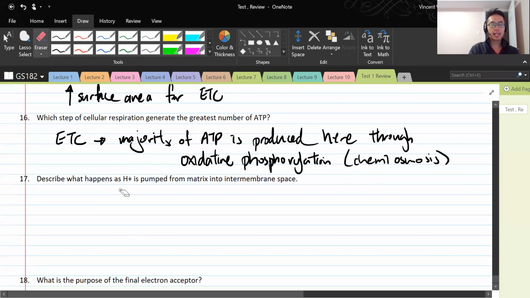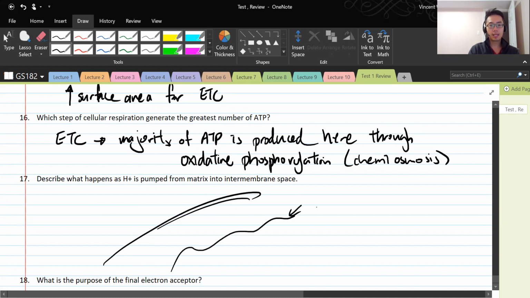Describe what happens as H+ is pumped from the matrix into the intermembrane space. A couple of things are going to happen. This is the cristae. As we pump H+ into the intermembrane space, you're going to create a hydrogen gradient.